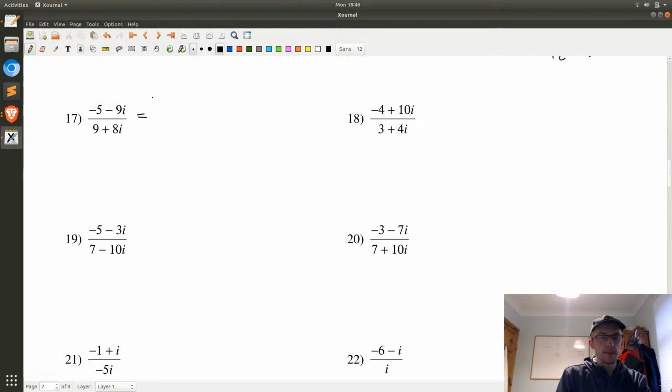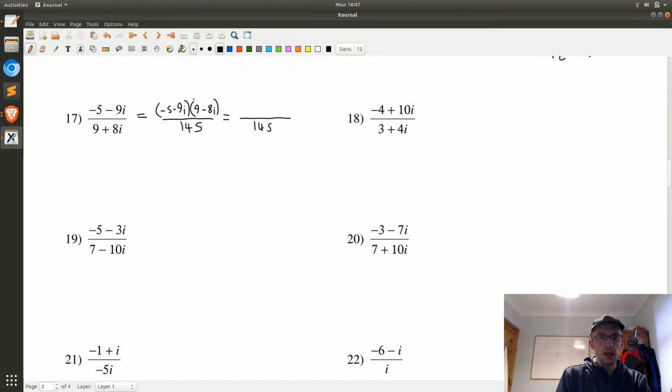Okay. Here, the denominator will be 81 add 64, which is 145. The numerator will be negative 5 take 9i, all times 9 take 8i, and we have to figure it out. So 145 down here. Figure out the real part first.